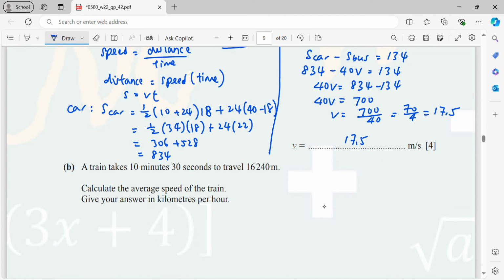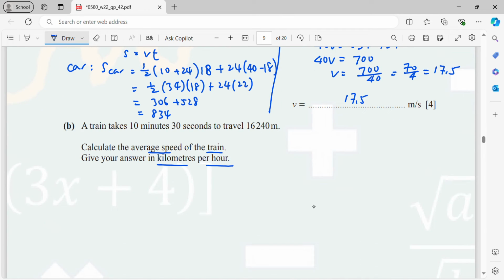Now part B, a train takes 10 minutes 30 seconds to travel 16,240 meters. Calculate the average speed of the train. Give your answer in kilometers per hour. So this is the time, this is the distance, and the speed is basically distance over time. Now the distance is 16240.